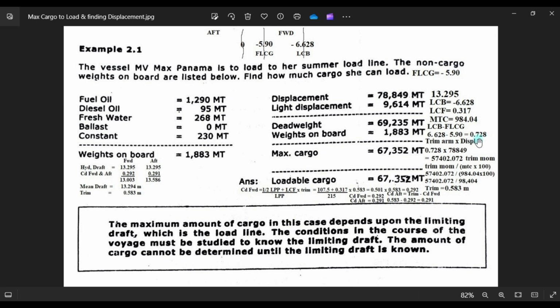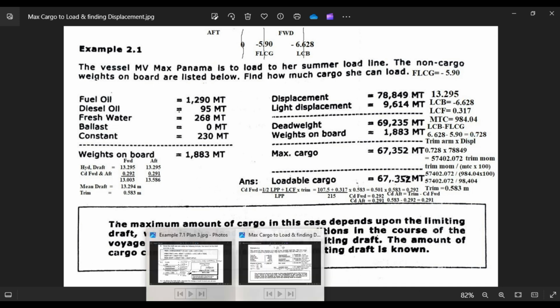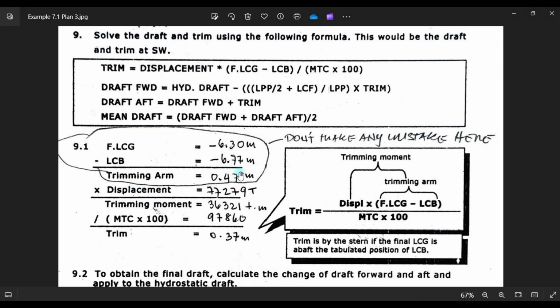This will be your trimming arm of 0.728.